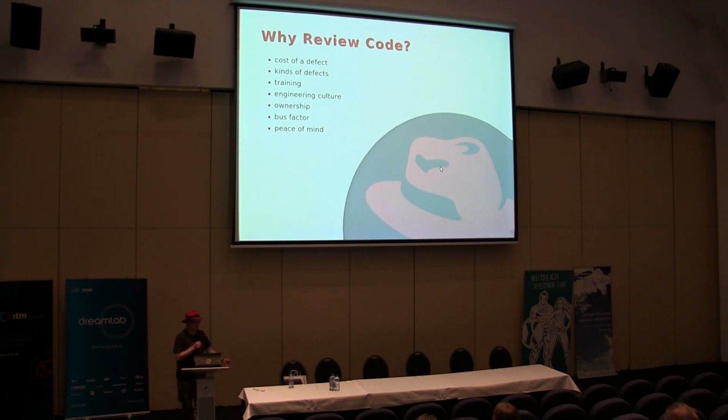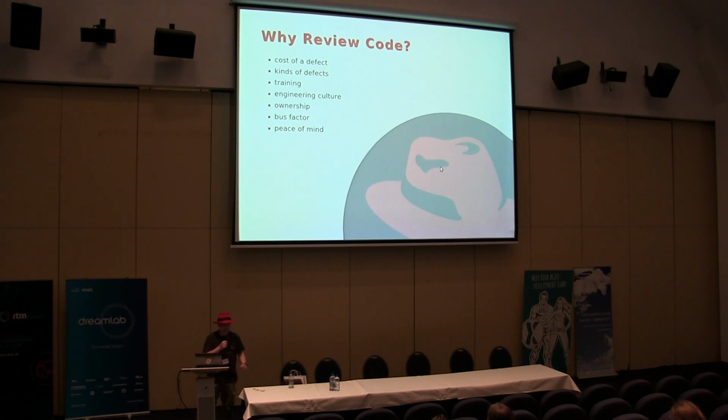But if you just catch it when you are writing that, or your coworker catches that for you, then it's relatively cheap. So one way to save money, to make development cheaper and more reliable, is to actually pay attention to defects while you are coding.